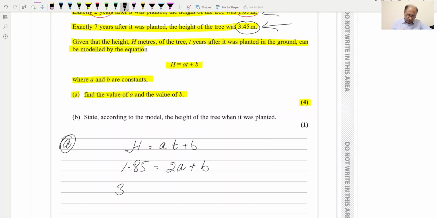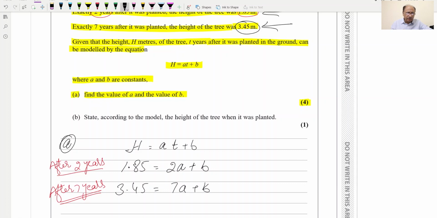Second equation: 3.45 we can mention here, after 2 years, and this will be after 7 years. For your understanding we can write here, and this will be equal to 7a plus b.